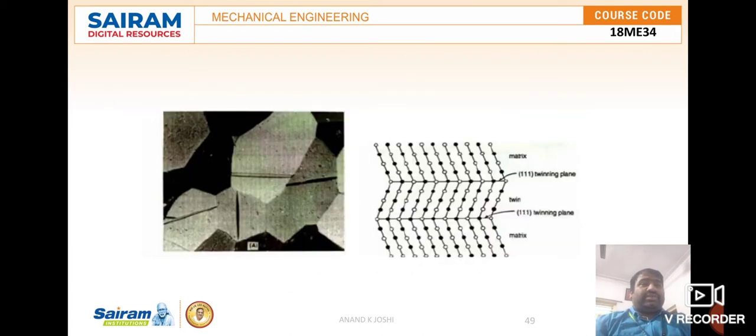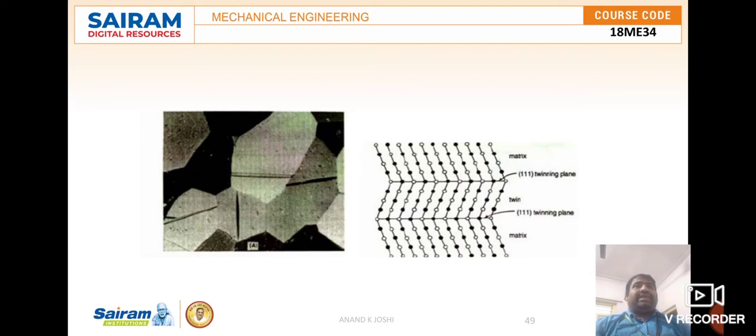So this is the twinning structure, how the matrix is going to change its molecules by twinning actions.